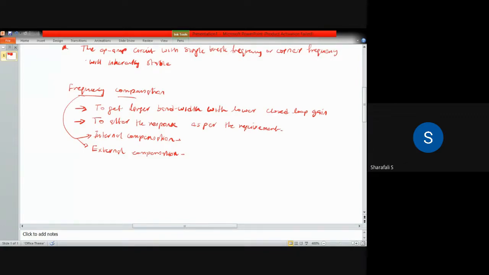And we will be more focusing on this external compensation. In that we have two different techniques. One is the dominant pole compensation. So first we will discuss the dominant pole compensation.